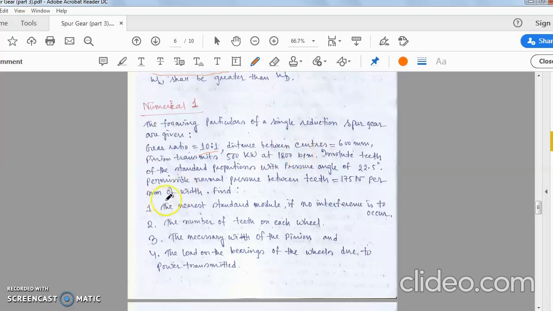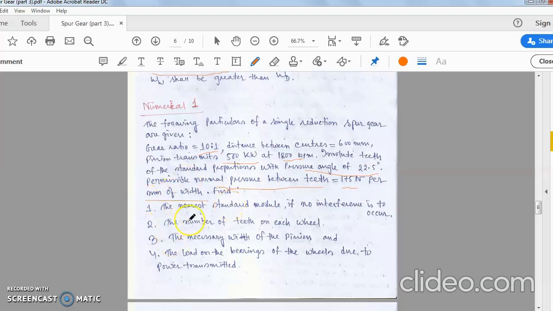The pinion transmits 500 kilowatt at 800 RPM. The involute tooth of standard proportion has a pressure angle of 22.5 degree. That means phi is given as 22.5 degree. The normal pressure between teeth is 175 Newton, that means Wn is 175 Newton per millimeter of width.